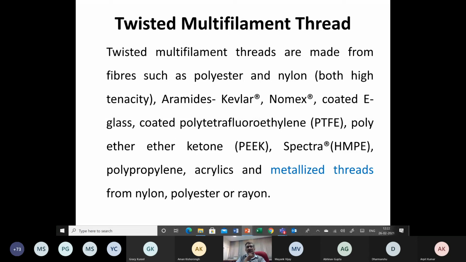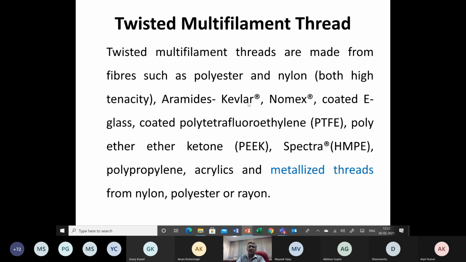So the twisted multifilaments are made from fibers such as polyester and nylon. In both cases, they are all high tenacity, not the apparel grade. Please remember, twisted multifilament threads are all made from high tenacity polyester and high tenacity nylon, not the normal polyester or normal nylon.